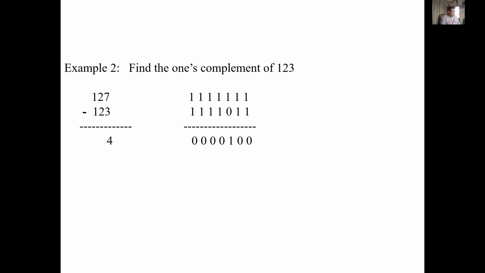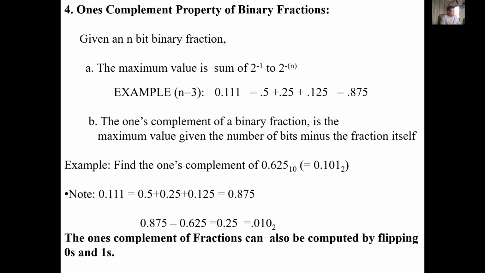And they're also a flipping of zeros and ones, because the highest place value is 128, so the highest value is 128 minus 1, which is 127. That's why we subtract from 127, the highest value, and we get the pair. Take note, the maximum value minus the number gives its ones complement. And we can also compute it by just flipping zeros to ones and ones to zeros.